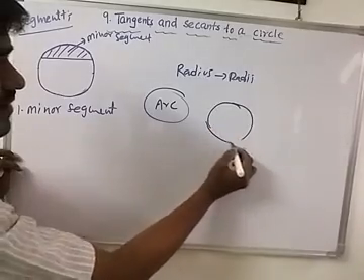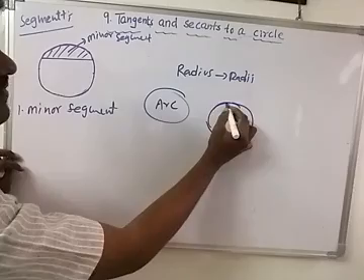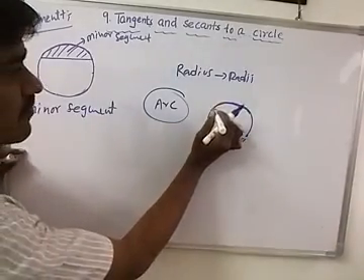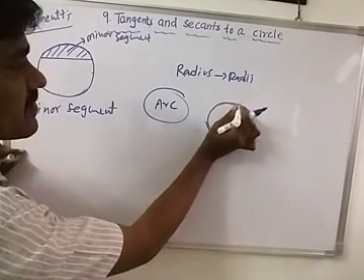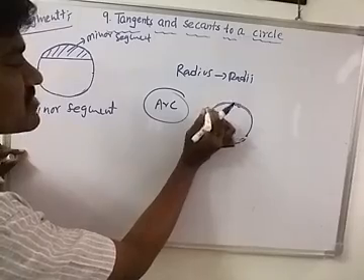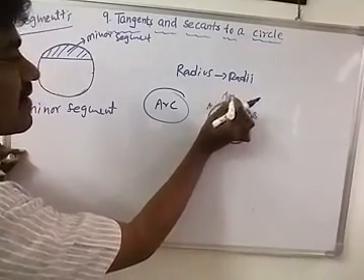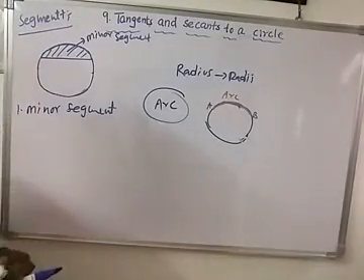This is a circle, and this part of the circle is called an arc.